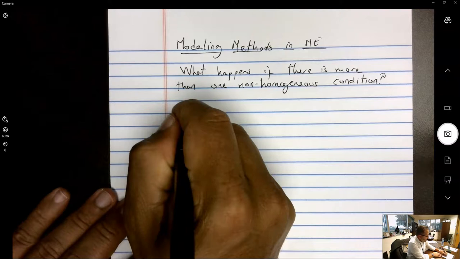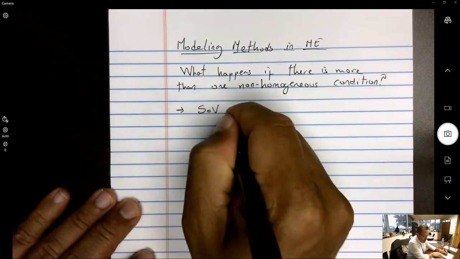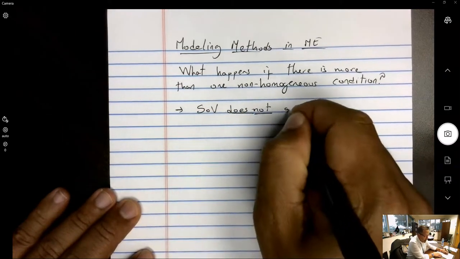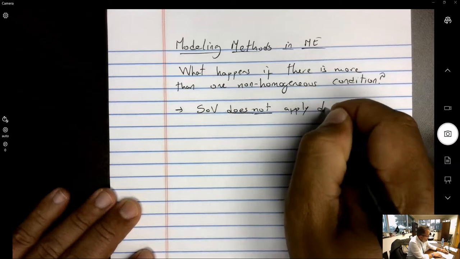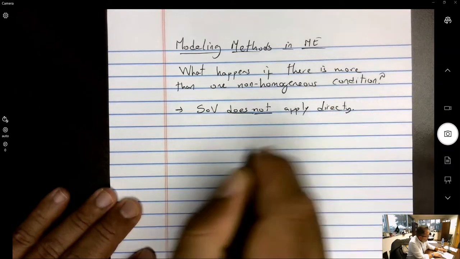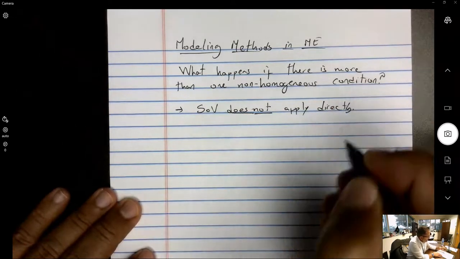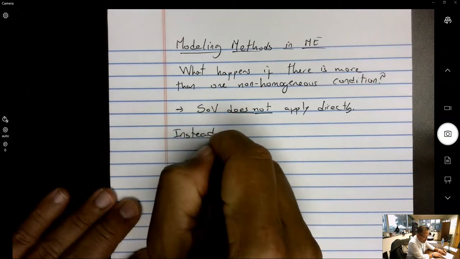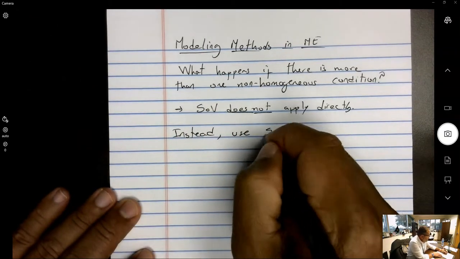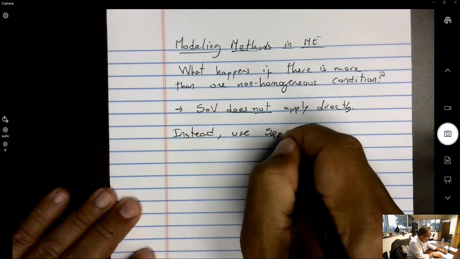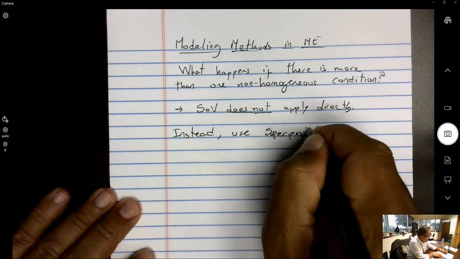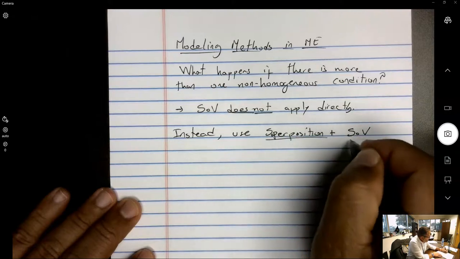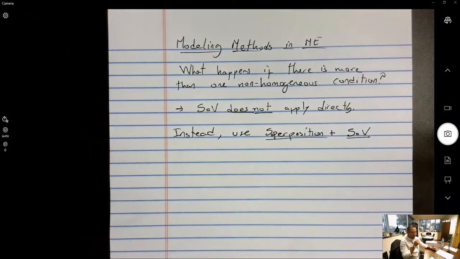What happens is that separation of variables does not apply directly. Instead, use superposition plus SOV, plus separation of variables. So it's a combination of two things that we need to do.